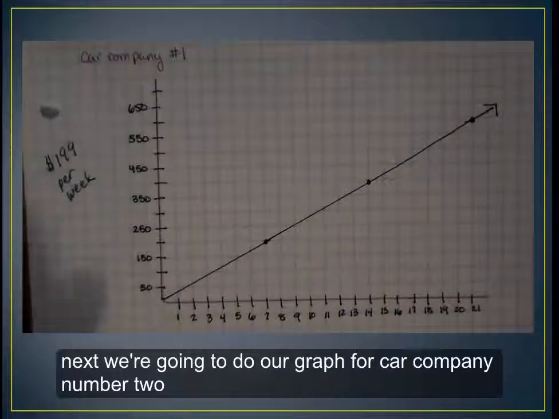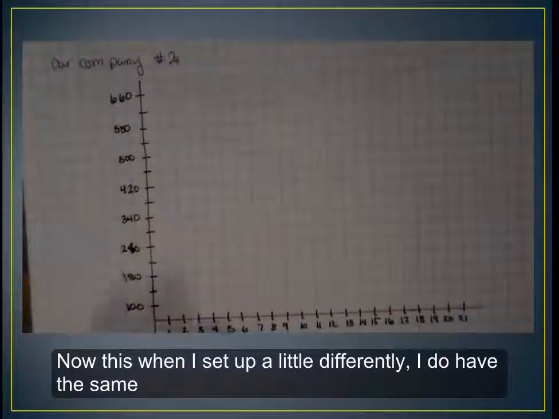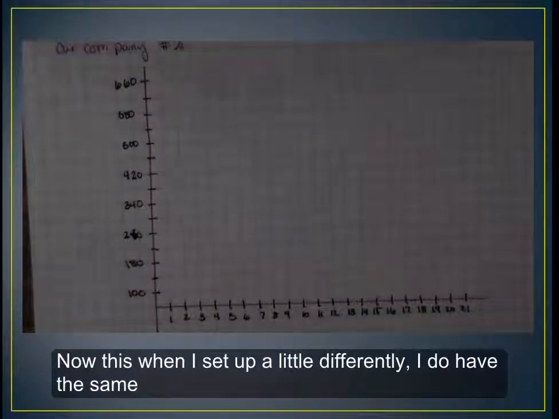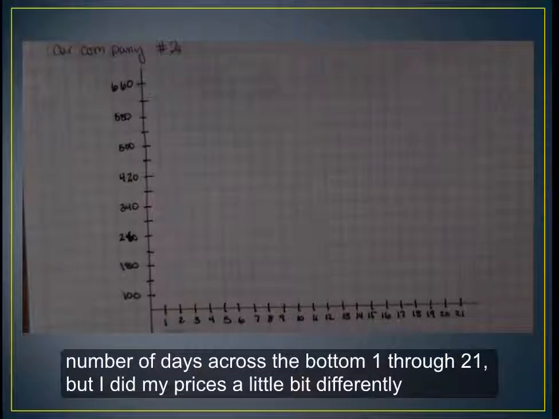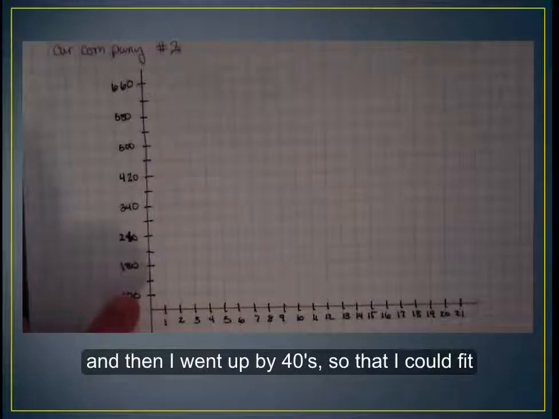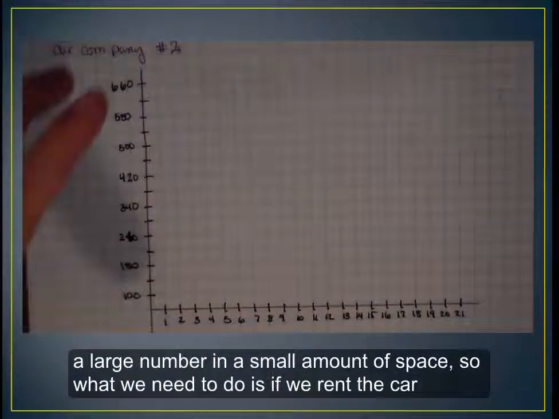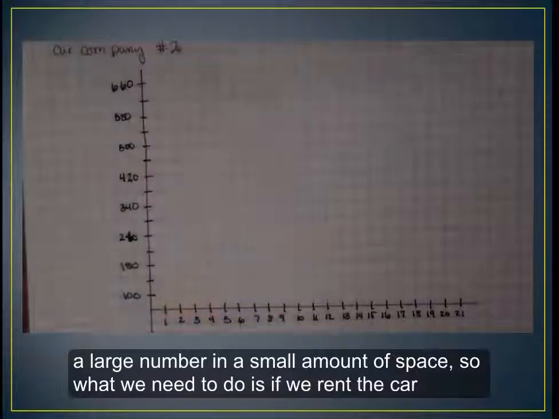Next we're going to do our graph for car company number 2. Now this one I set up a little differently. I do have the same number of days across the bottom, 1 through 21, but I did my prices a little bit differently. I started with $100, and then I went up by 40s so that I could fit a large number in a small amount of space.